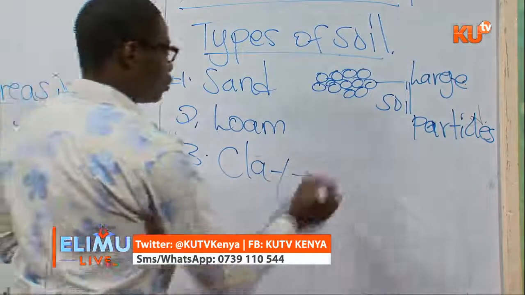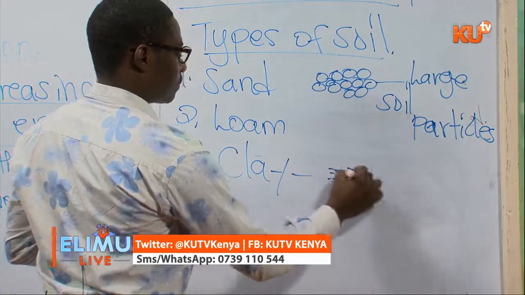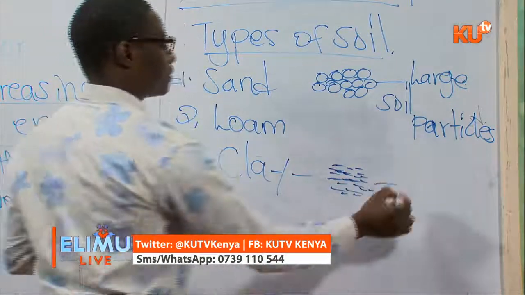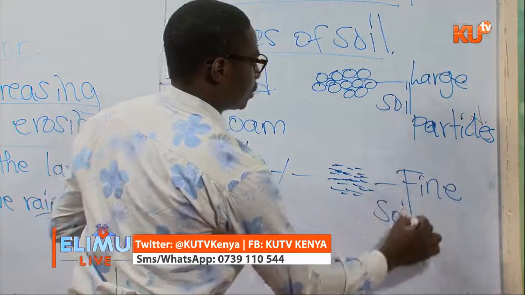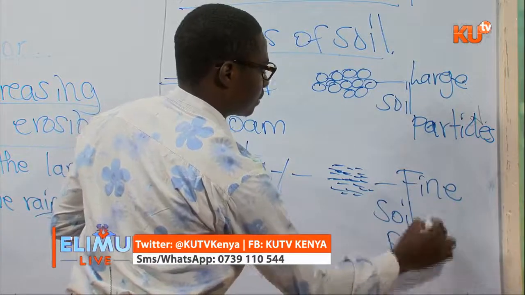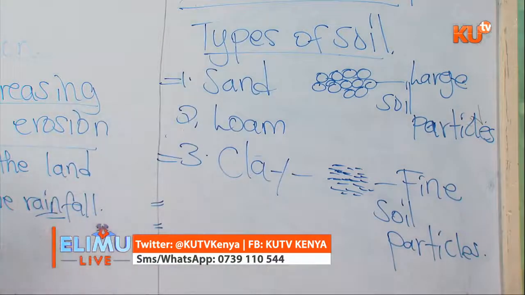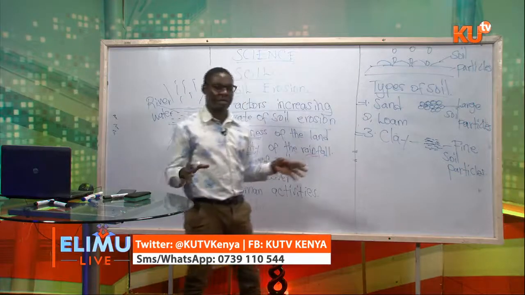When we come to clay soil, it is defined as having fine soil particles. Now, these fine soil particles are compacted together, but the large soil particles are loosely attached.